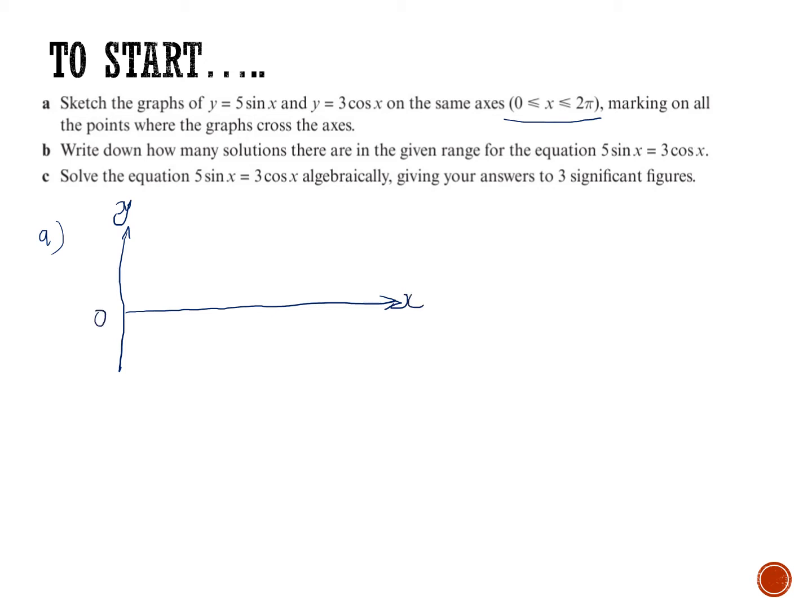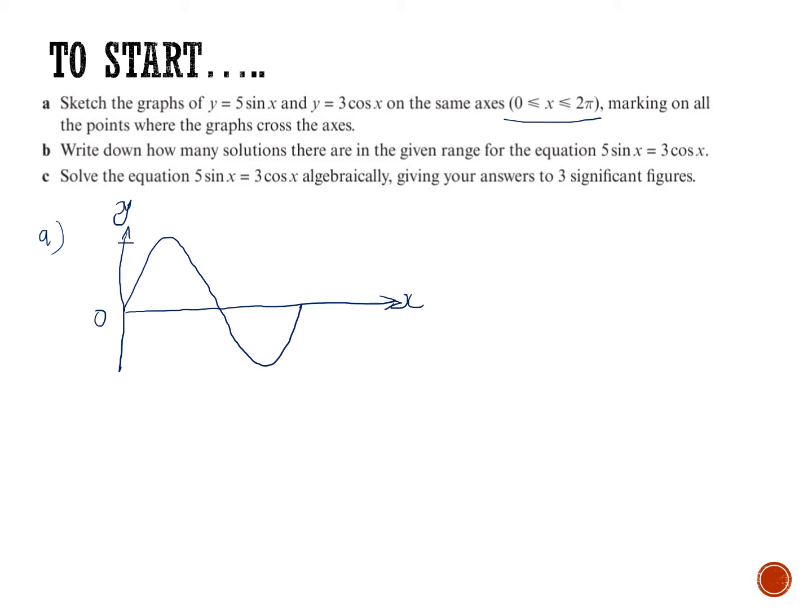All right, so if we do the y equals 5 sine x first, hopefully remember with sine x that starts at the origin here. Okay, and then it goes up, down, and up, and that 2 pi is what's called a complete period of the curve, and then it starts repeating again. What difference does the 5 make?